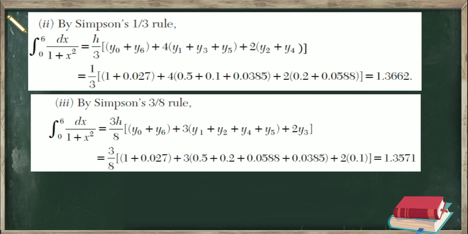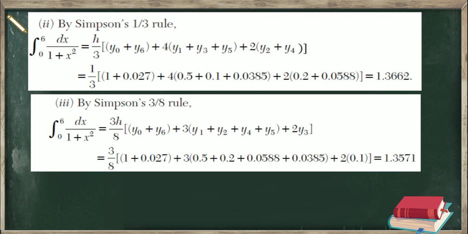Third, by Simpson's 3 by 8 rule. Integration 0 to 6 dx upon 1 plus x square is equal to 3h by 8 [y0 plus y6 plus 3 times (y1 plus y2 plus y4 plus y5) plus 2 into y3]. See, 2 into sum of multiples of 3.